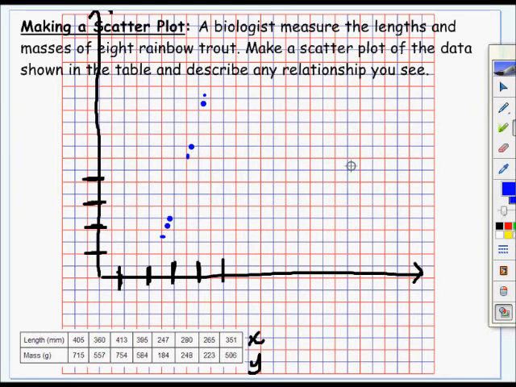Now, this would be real data, and whenever we deal with real data, sometimes we have trouble with a line graph working perfectly. So what you're going to do with a scatter plot is after you get your points in there, you're going to approximate and see what that pattern was.